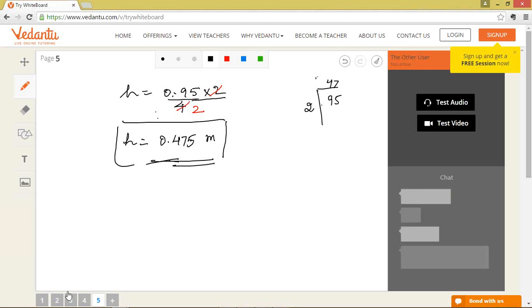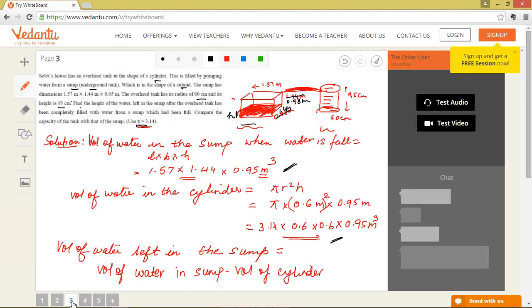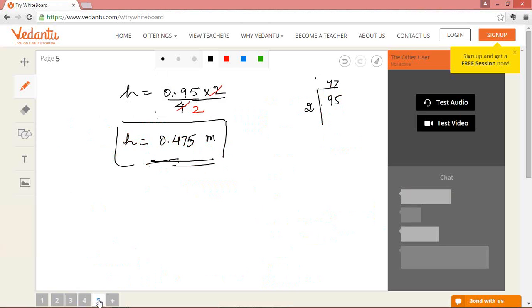And then if we move back to the question, it is given that compare the capacity of the tank with that of the sump. So the complete capacity of the tank with that of the sump. So volume of tank upon volume of sump.